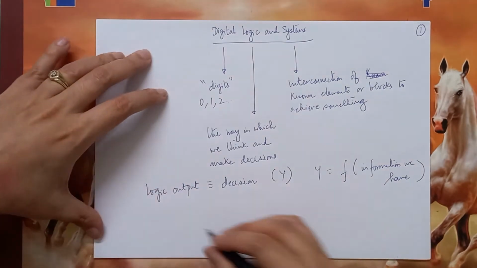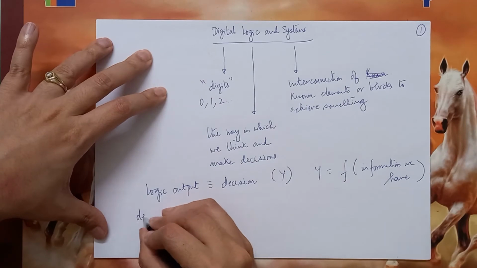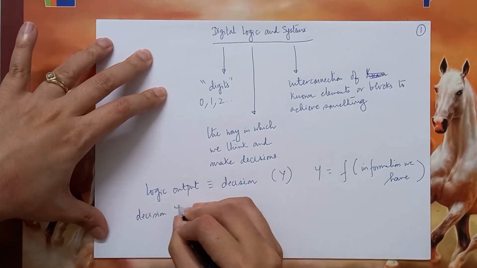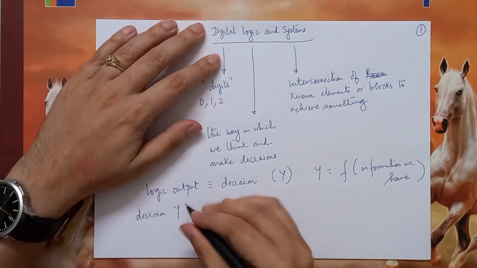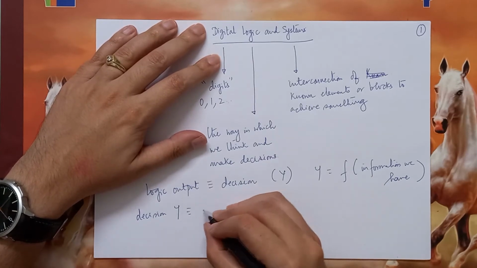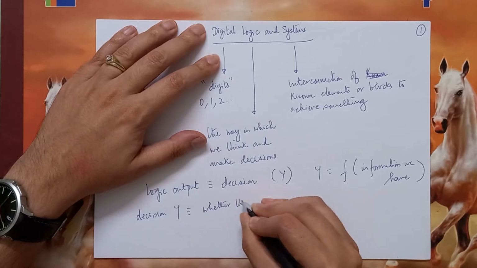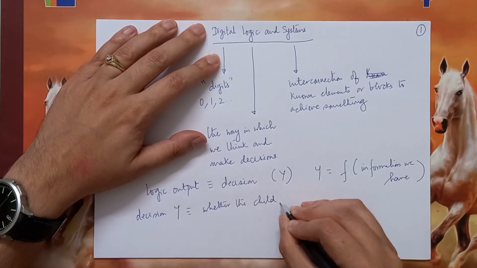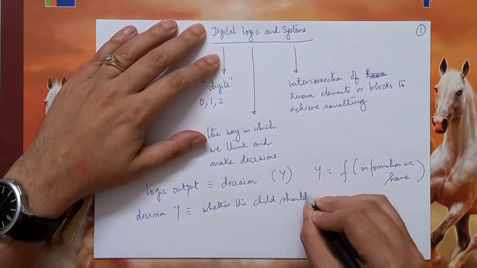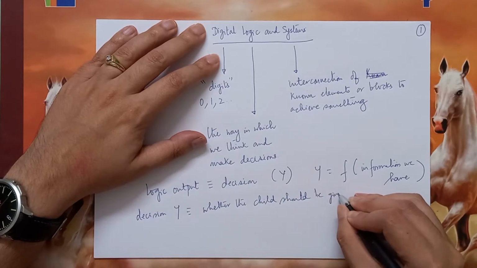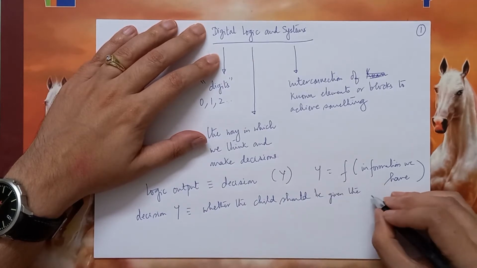So let's say that the decision, which is y in this case, would be defined as whether the child should be given the video game.